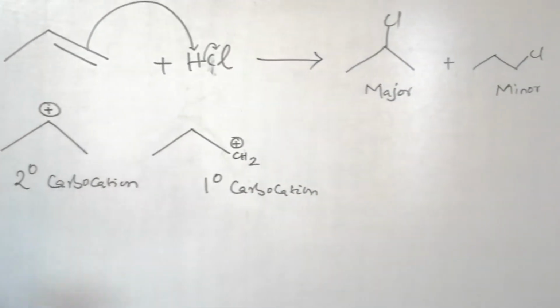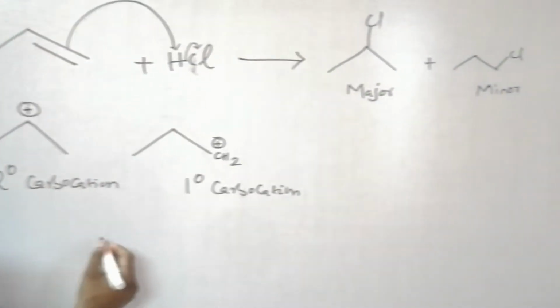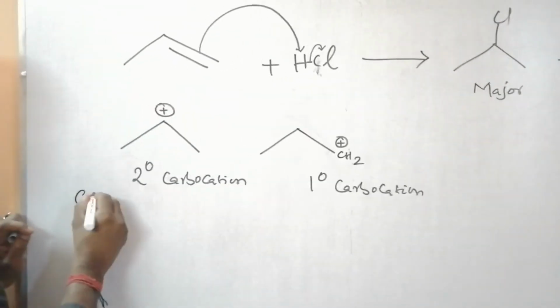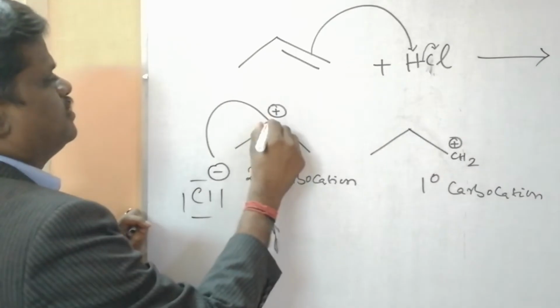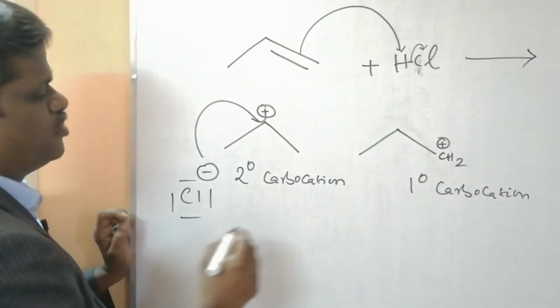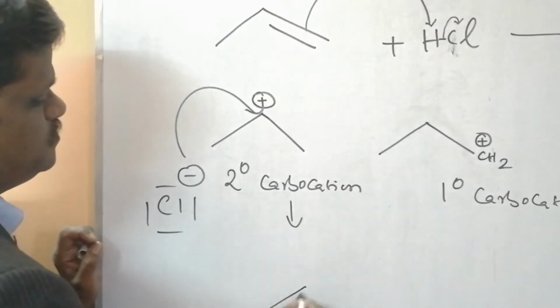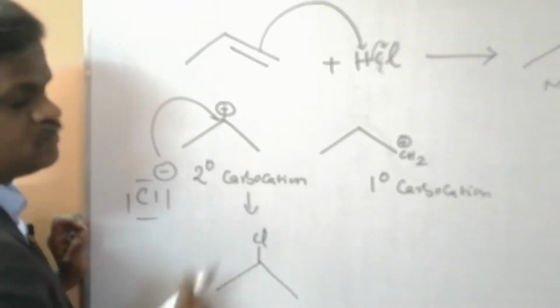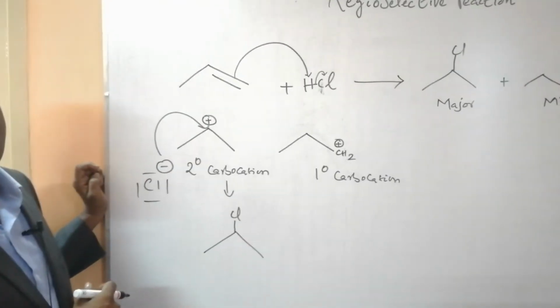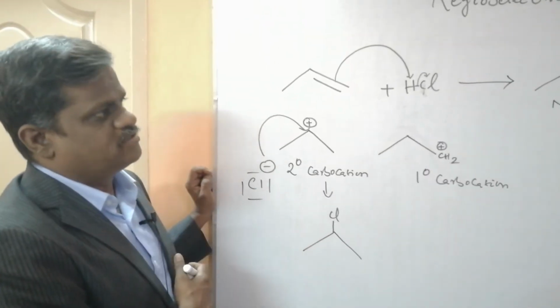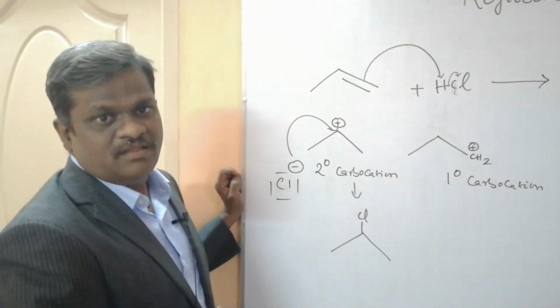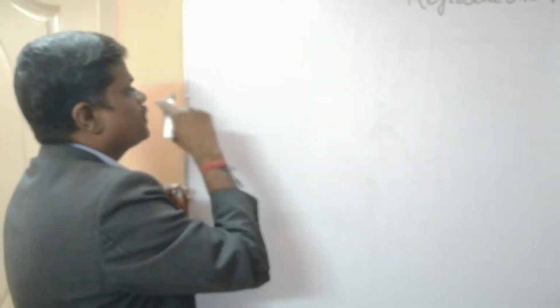So the primary will not exist. The chloride ion will attack the secondary carbocation and gives this as the major product. So this is one example. Let me see another example.